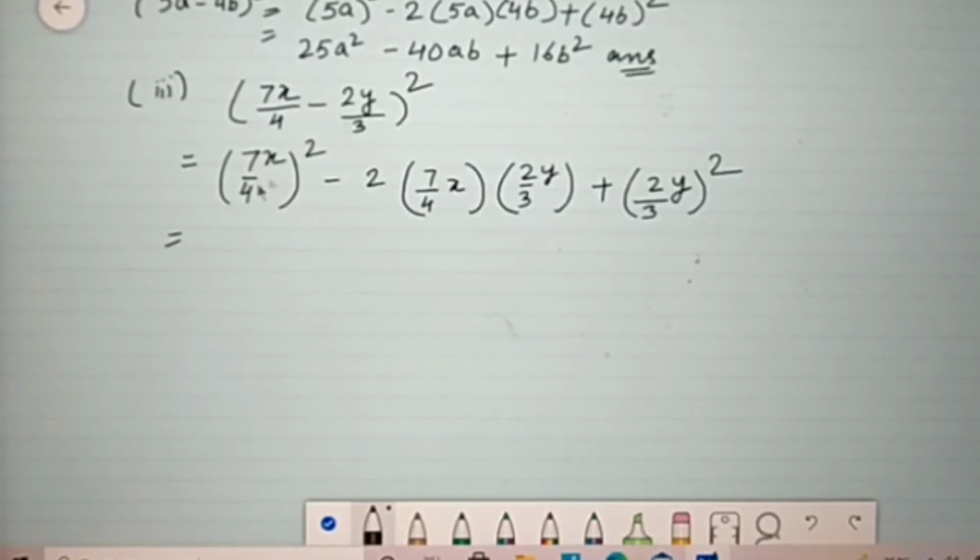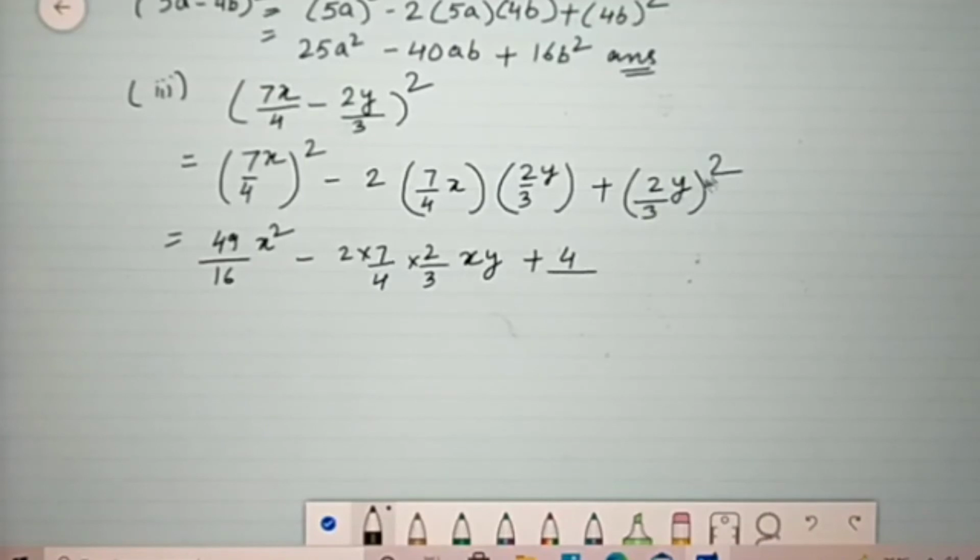So this is square of 7, square of 4 and square of x. So 7 7s are 49 upon 4 4s are 16, and then x square in numerator, minus, let's solve this part. So this part is 2 into 7 upon 4 into 2 upon 3 into xy. So we write xy plus 2 square is 4 and square of 3 is 9, y square.